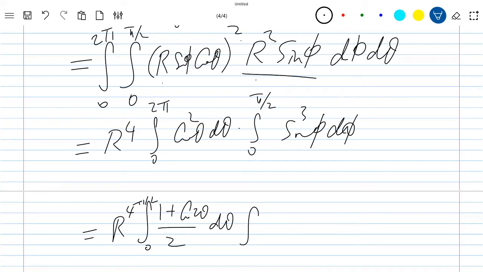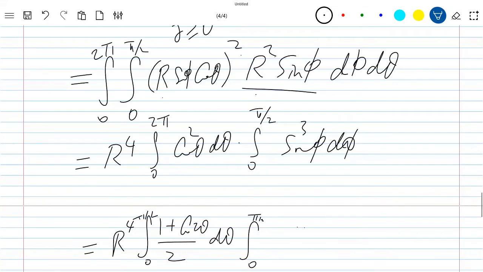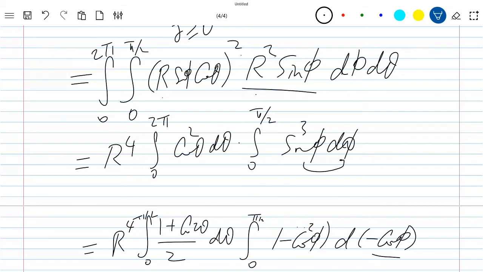And how do you do the phi part? You can combine one of the sine phi with dphi, and you get a d of negative cosine phi. Then you have sine square phi left, but we need to write it in terms of cosine. How do we do that? 1 minus cosine phi squared.